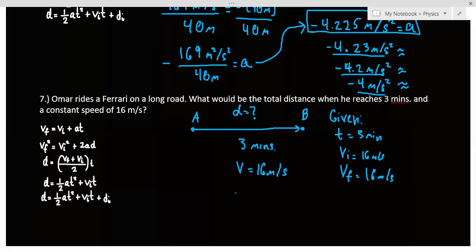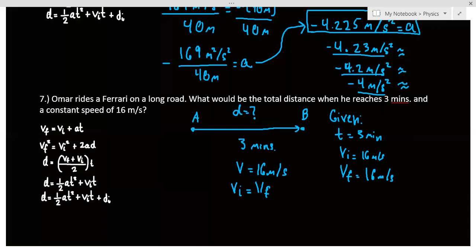Rather, it is at a stagnant speed, or the speed is maintained. Therefore, your initial velocity is equal to the final velocity. And your initial velocity and final velocity are both 16 meters per second.